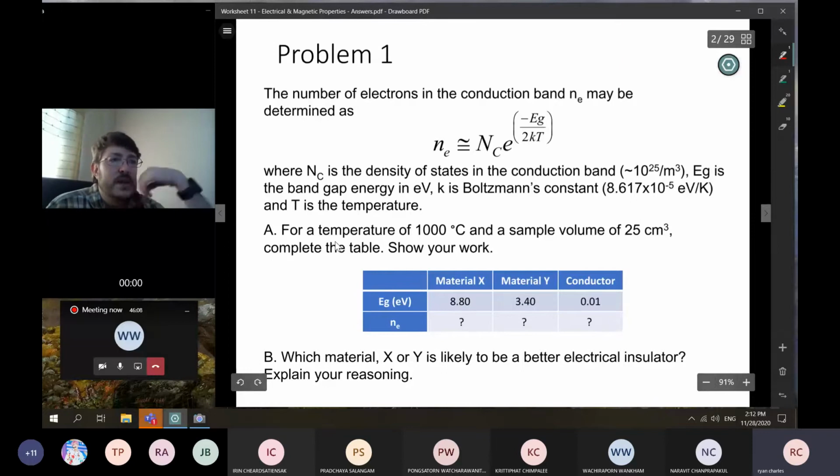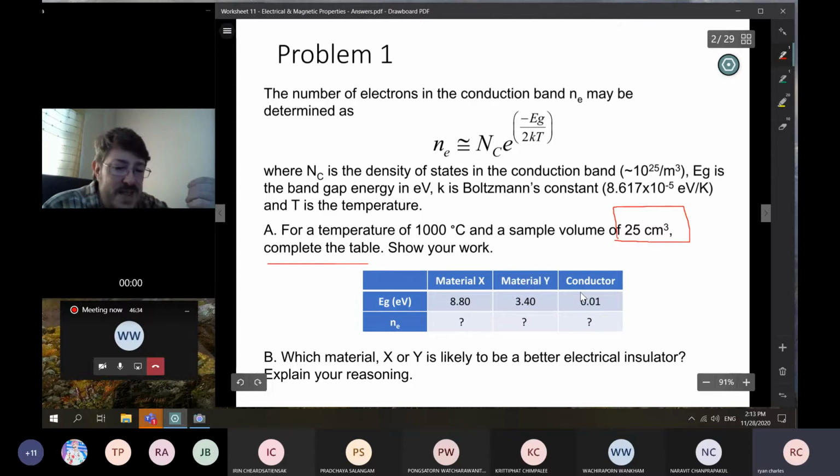For a temperature of 1000 degrees Celsius and a sample volume of 25 cubic centimeters, which I think literally everyone ignored, except maybe like 2 people, complete the table, which again, a lot of you ignored. Show your work. So we have Eg: 8.8, 3.4, and 0.01.